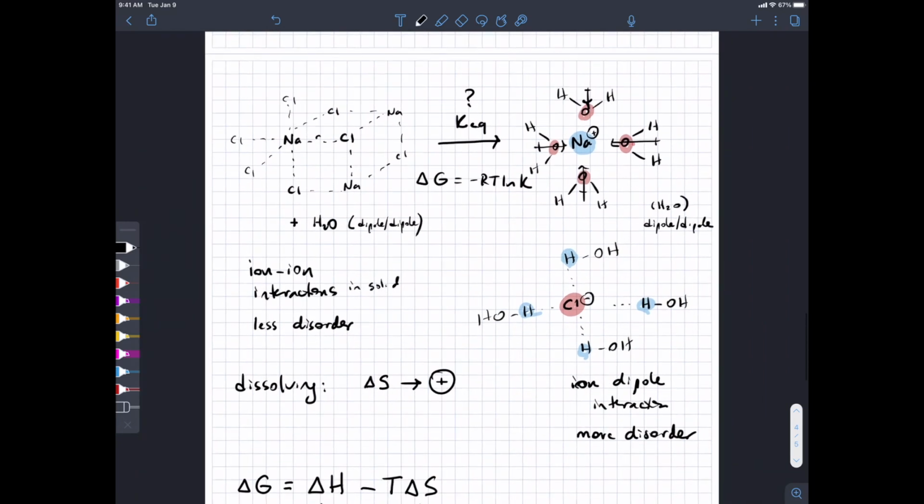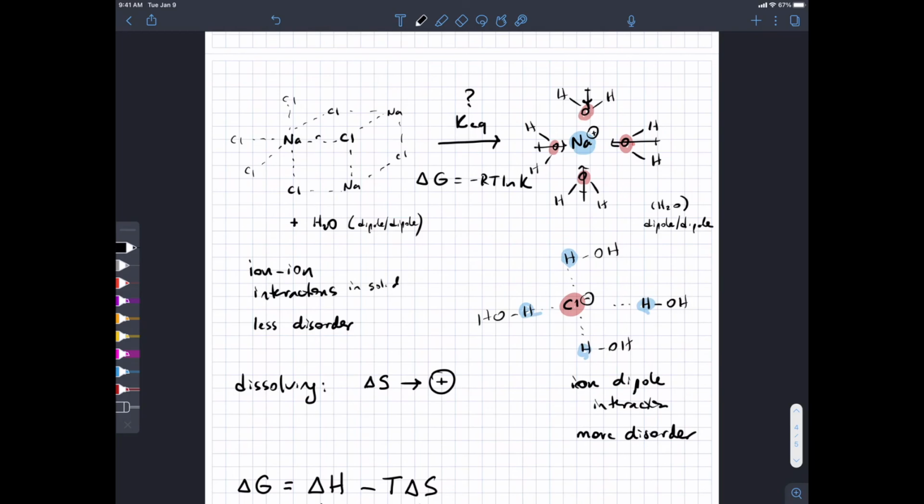And then for the ions, you replace the ion-ion interactions with ion-dipole interactions. Now, each individual ion-dipole interaction is weaker than an ion-ion interaction. But if you got a lot of those ion-dipole interactions, maybe you compensate entirely and then some for the ion-ion interaction that you lost. Okay, I'm replacing a handful of favorable interactions with a lot more less favorable interactions, but more of them.